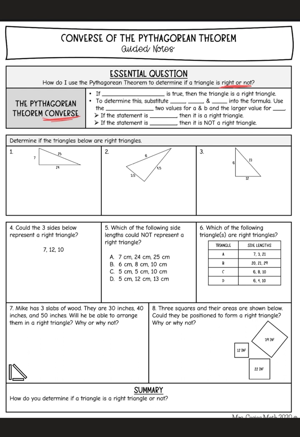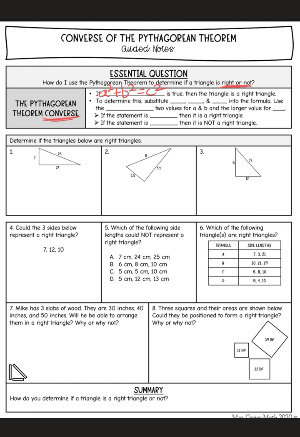So if blank is true, then the triangle is a right triangle. Right here we're going to put if. If a squared plus b squared equals c squared is true, then the triangle is a right triangle.